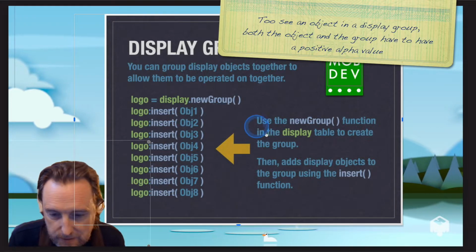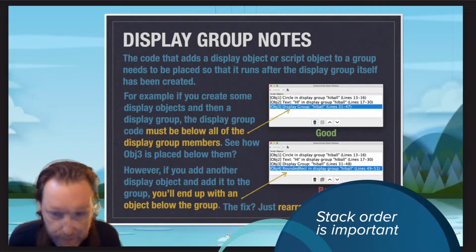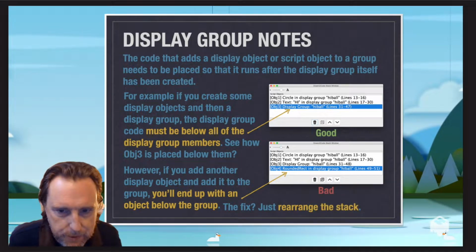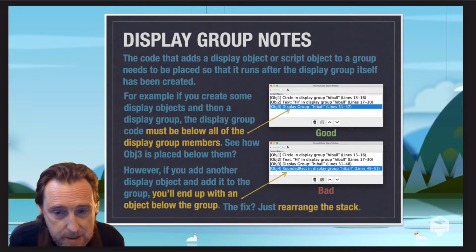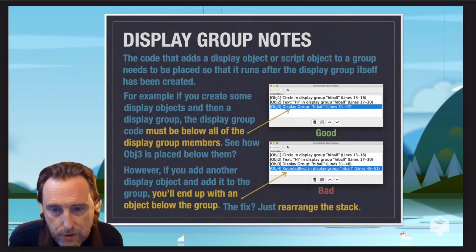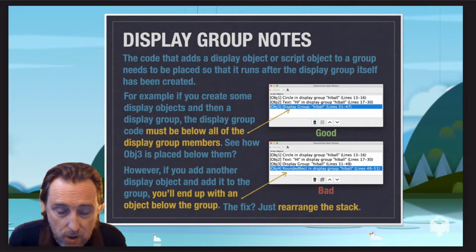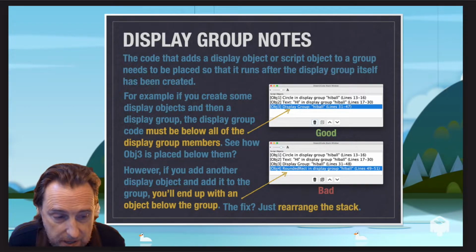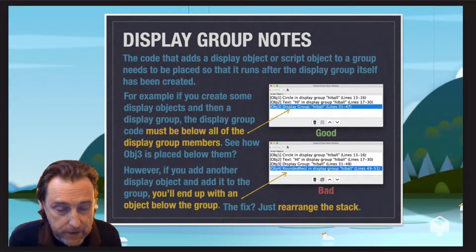So to actually see it, its alpha would have to be 1, and the display group's alpha would have to be 1. The other thing that trips people up is just the order of this. You can create the display group before you create the stuff that you would add to it, or you could create it after having created the stuff you want to add to it, or you could create it after you've created some of the objects you want to add to it, and then go ahead and create more.